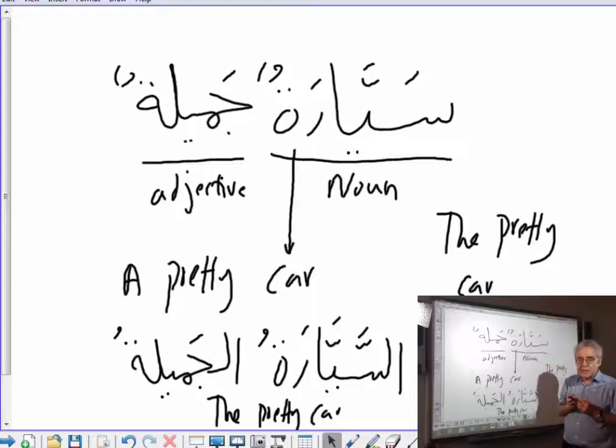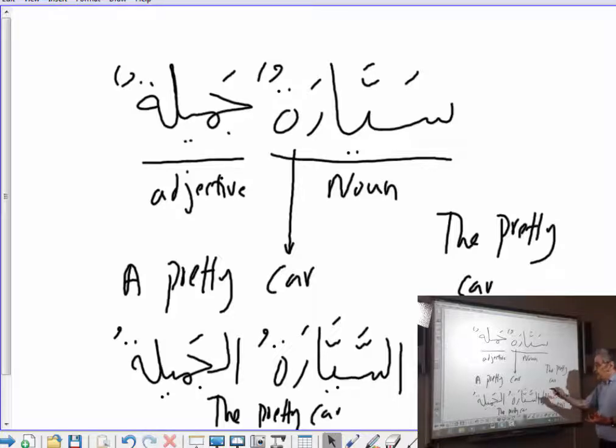Arabic is a very sensitive language. It's an easy, simple language, but it is very sensitive, and it's easy to make mistakes if we don't follow the rules. The reason is that the language doesn't have auxiliary verbs. So if I say السيارة الجميلة, it is not a sentence. We call it a noun adjective structure. It is a phrase rather than a sentence.